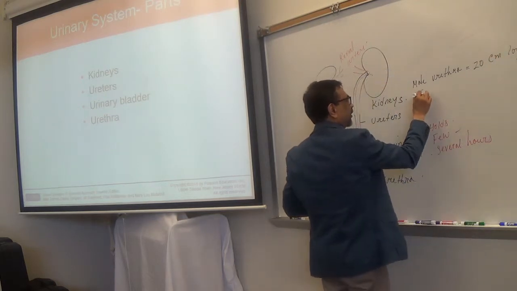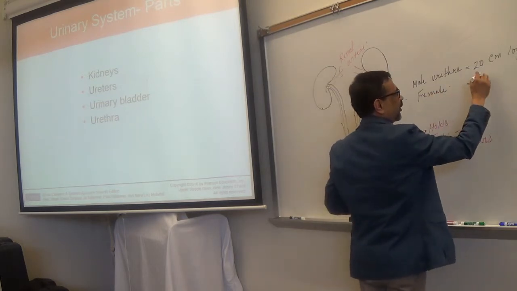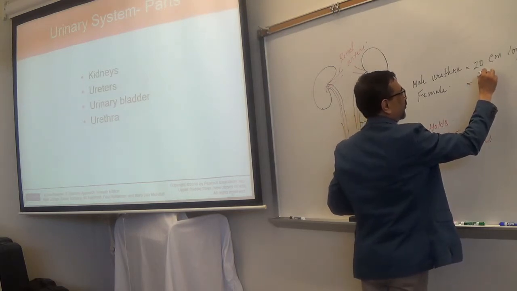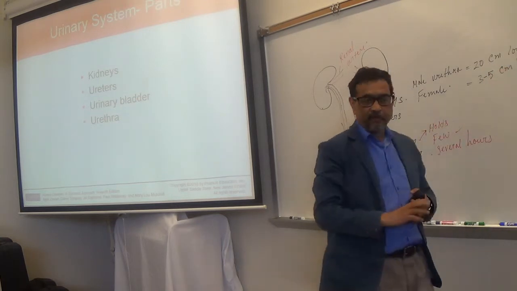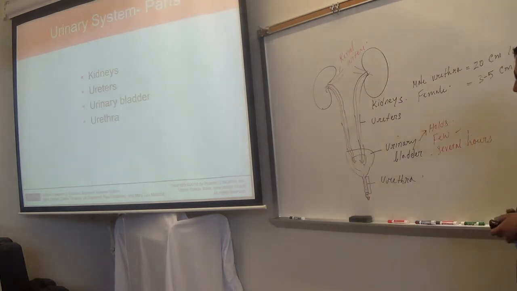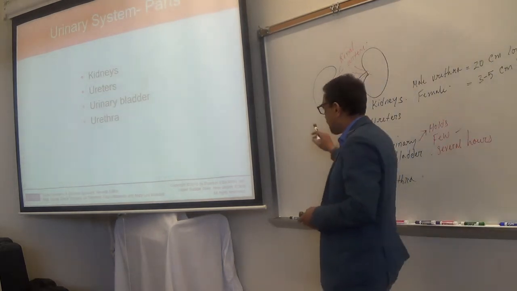Female urethra is only about 3 to 5 centimeter long. Okay, so much shorter. Other structures are the same. Okay, so now you know the parts and their functions.